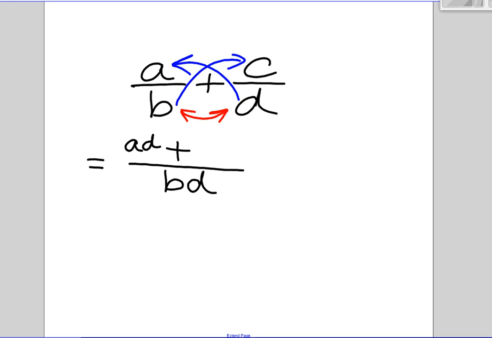And finally, the B comes up to multiply the C. So BC or CB, whatever you fancy. That's my answer. We don't have any numbers here, but that is one method for doing it. And this method, I'm making a promise here, it's always going to work for us. So let's go for it.